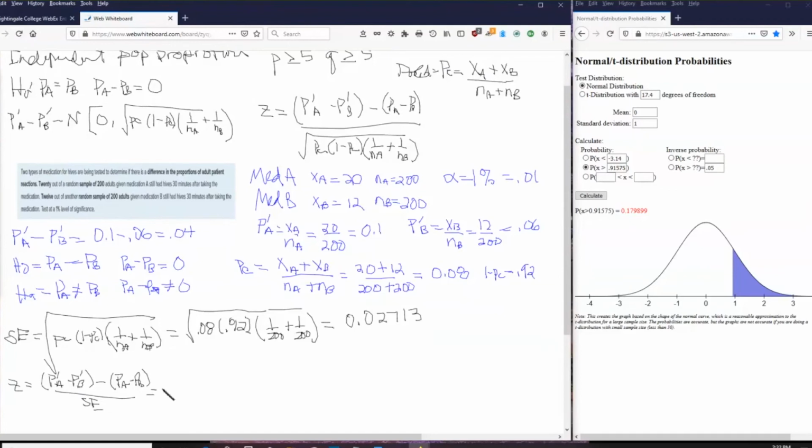So we saw this difference was 1 minus 0.6, so this is 0.04 minus 0 divided by 0.02713. Any questions about where these numbers came from? Okay, and that's going to give me 1.474 for my Z statistic.